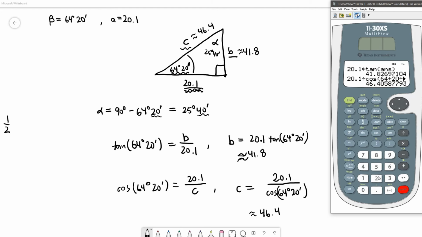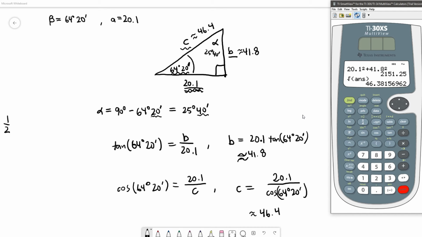All right. If I do 20.1 squared plus 41.8 squared, and then take the square root of that, yay, I got to check my answer.